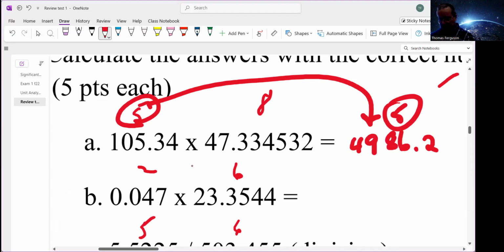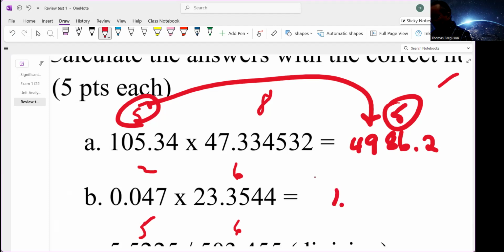Okay, so let's look at the next one here. Okay, so we're looking at 2 sig figs and 6. So our answer is going to be, what is it?